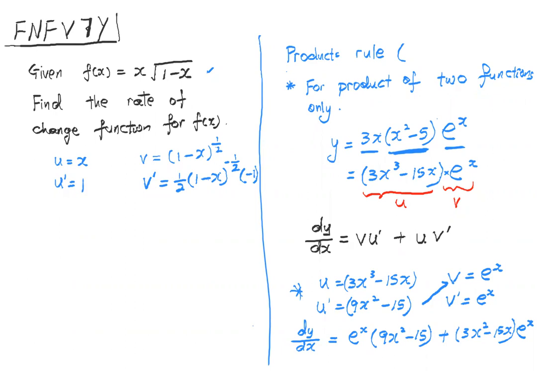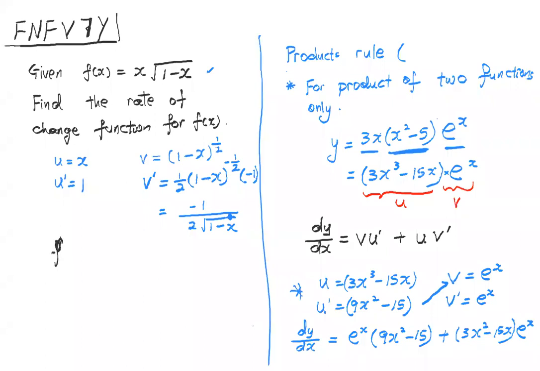So this is negative 1 over 2 square root of 1 minus x. Am I right? Why do I want to write it in this form? Because later I need to simplify.